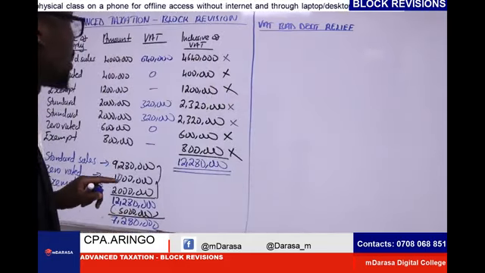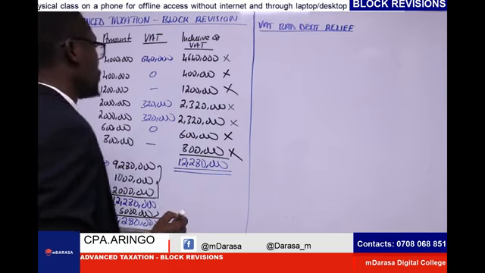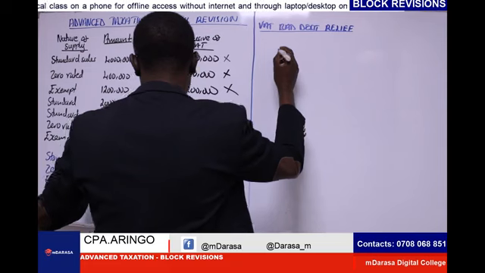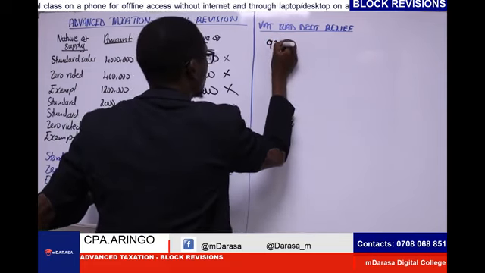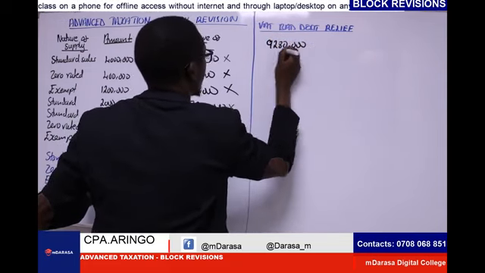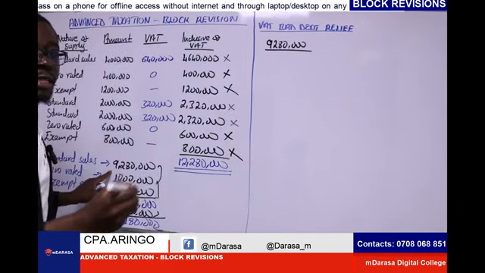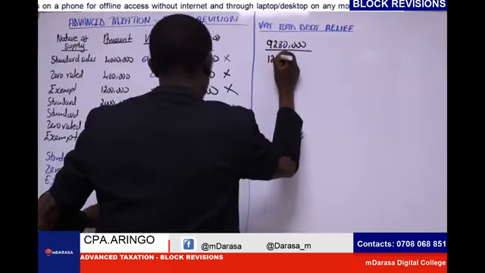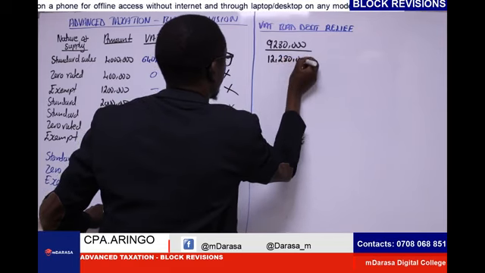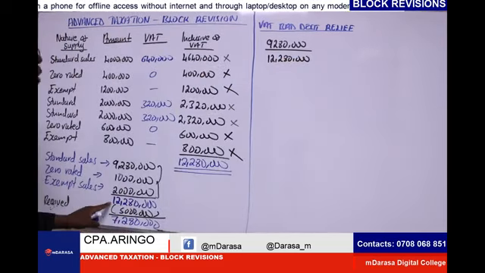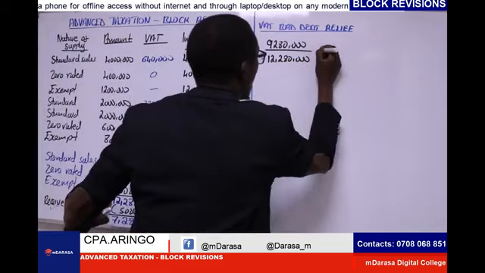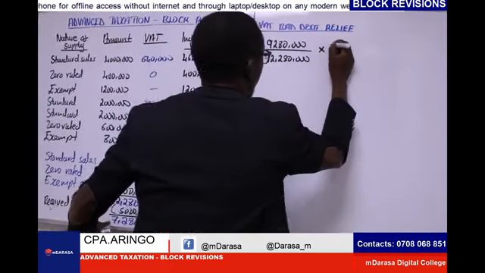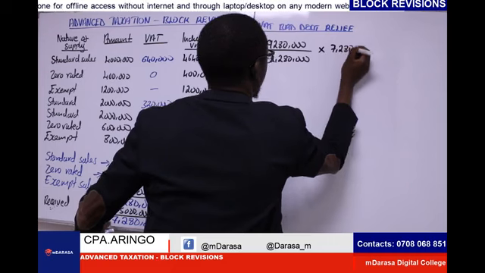So how do you determine that proportion? The proportion will be the total standard sales. We've seen it is 9280. Of our total sales, we had a value of 12,280,000. Okay, times how much had we not been paid? We had not been paid the value of 7,280,000.